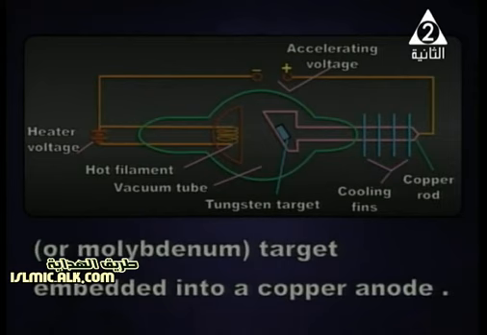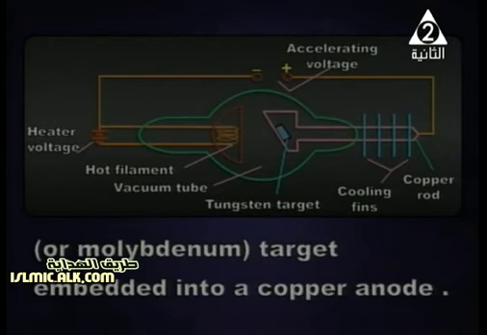So we've got a cathode, and function of the cathode is to produce electrons, and we've got copper anode, and between these two electrodes, very high accelerating voltage is applied. So we expect the electrons emitted from the cathode to have very high kinetic energy.